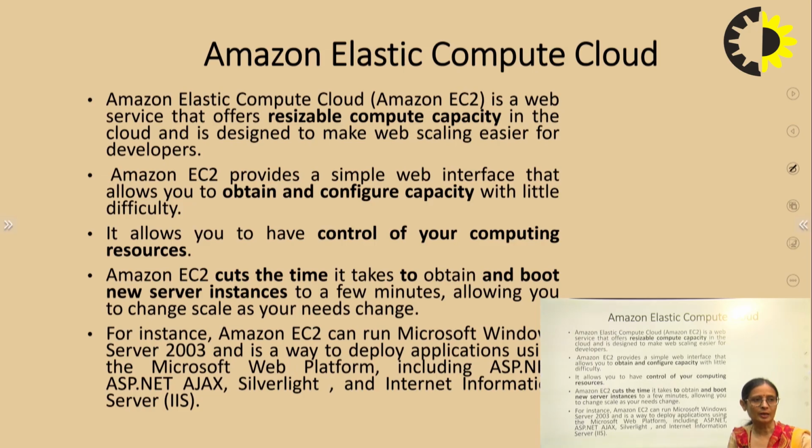For instance, Amazon EC2 can run Microsoft Windows Server 2003 and is a way to deploy applications using the Microsoft web platform, including ASP.NET, ASP.NET Ajax, Silverlight and Internet Information Server.